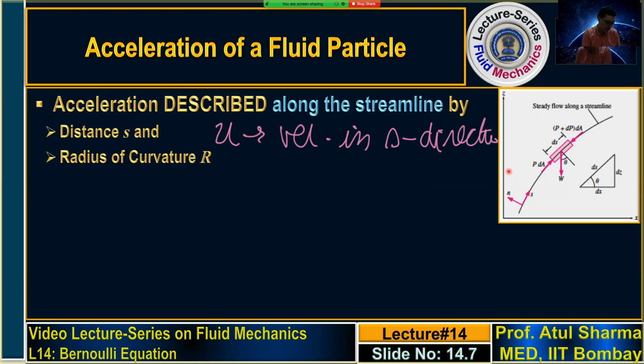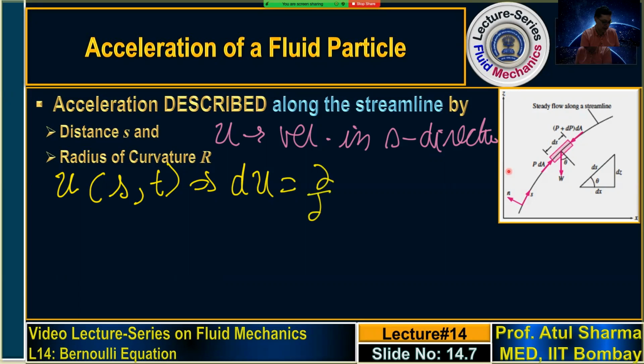So if we talk of the variation of this velocity u, it's a function of the s coordinate and time. So you can express it as du is equal to del u by del s into ds plus del u by del t of dt.